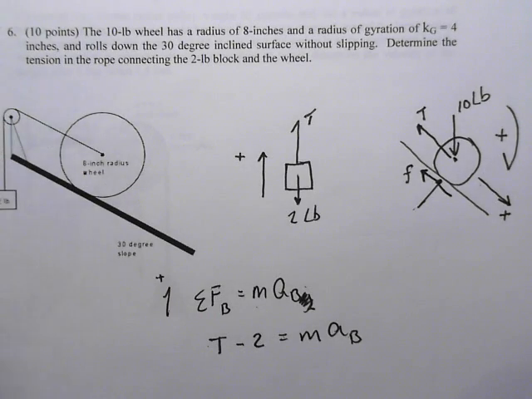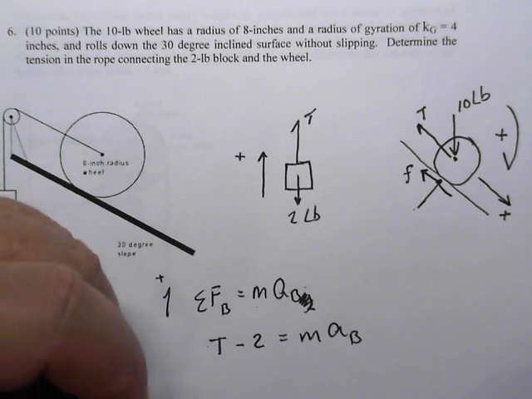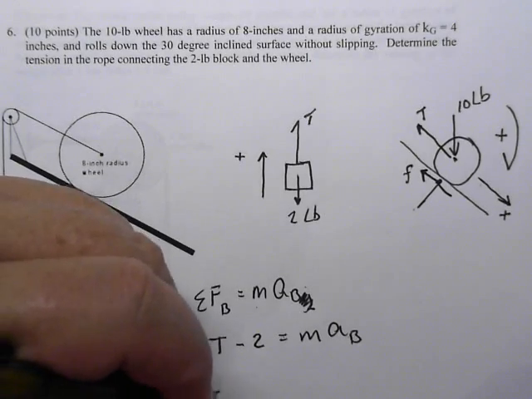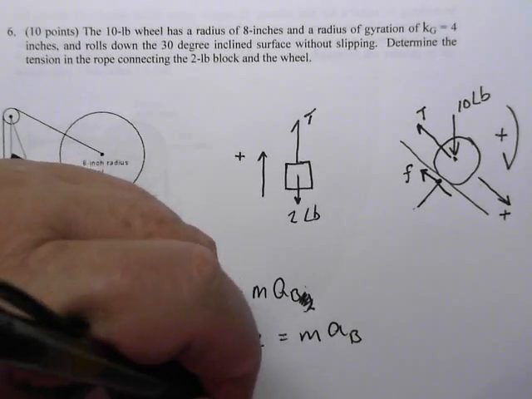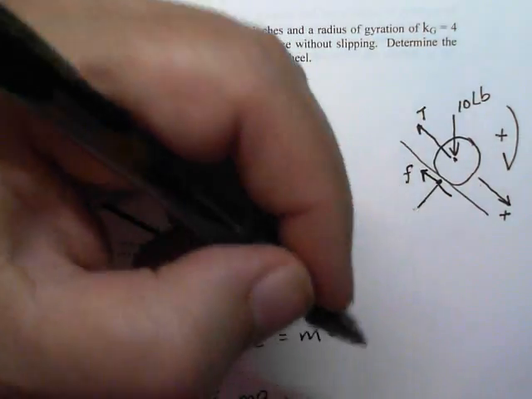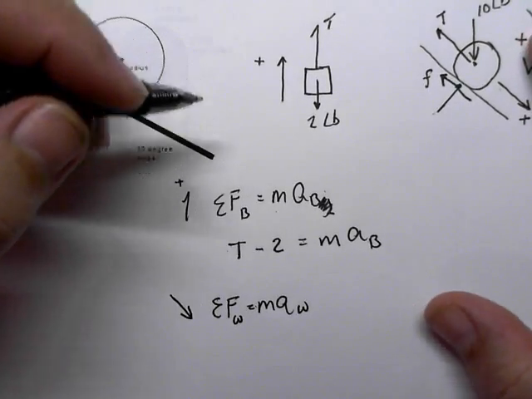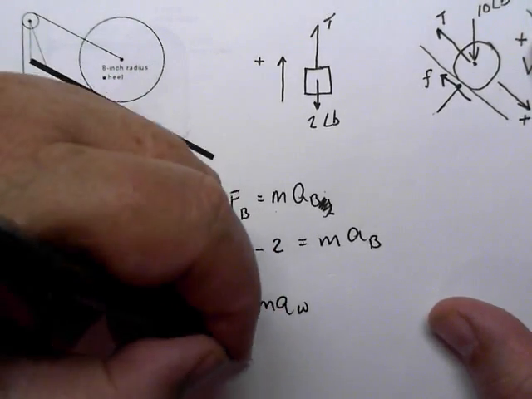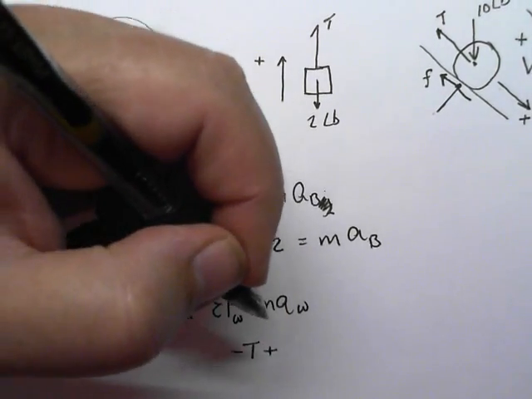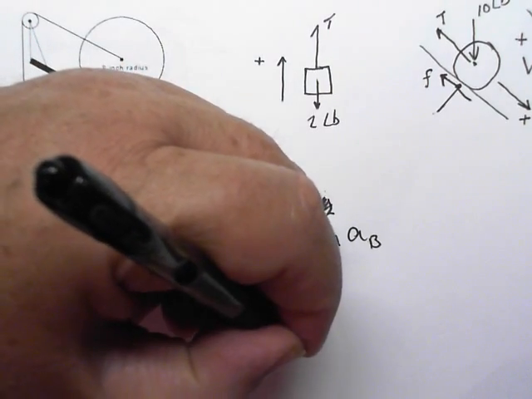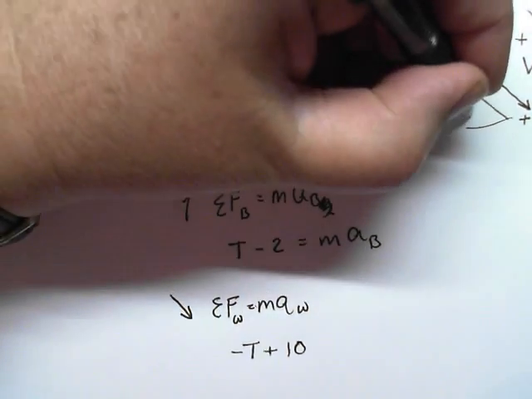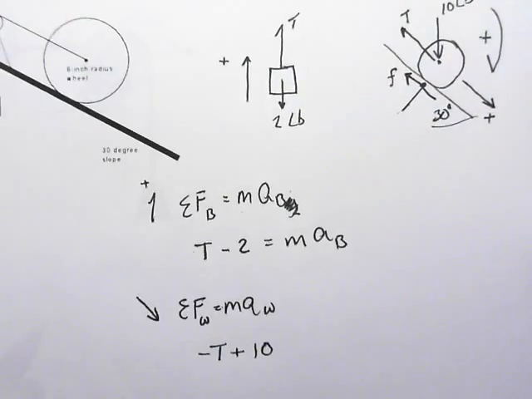And then we'll worry about the wheel traveling, and so we will let down the slope be positive and say the summation of forces on the wheel is equal to the mass times the acceleration of the wheel, and that will then produce our forces acting on the wheel in the downhill direction. That will be a minus T plus a component of gravity, and our slope angle is measured here, 30 degrees.